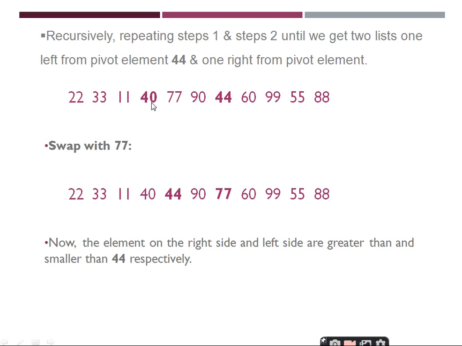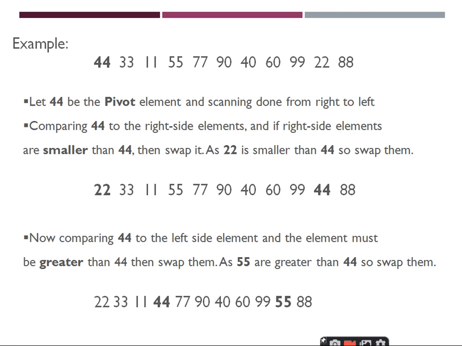Next time we will try to find an element which is, see here, we found 55 is greater than 44, hence the swapping took place. Then while scanning from here till here, we'll try to find an element which is smaller than 44. So we found 40 is smaller than 44, and the swapping will take place, right?